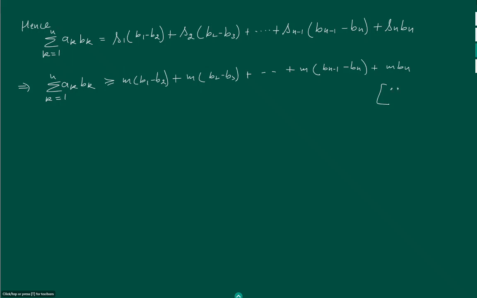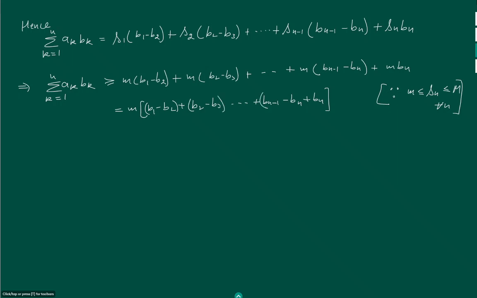Why? Because every Sn lies between small m and capital M. So every Sn is greater than or equal to small m. That is why. So this can be written as m into B1 minus B2 plus B2 minus B3 and so on up to Bn minus 1 minus Bn plus Bn.